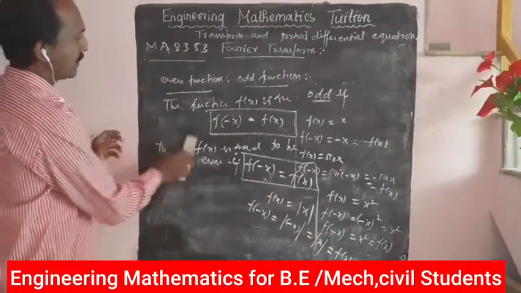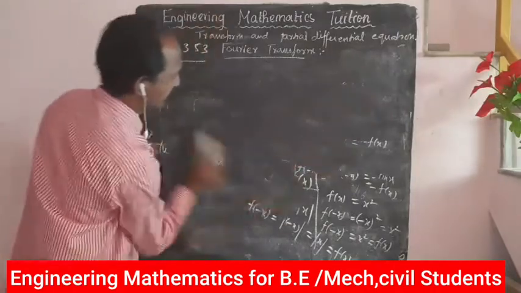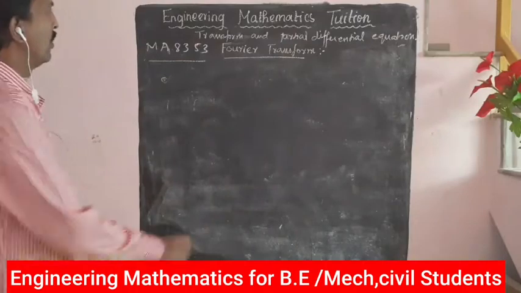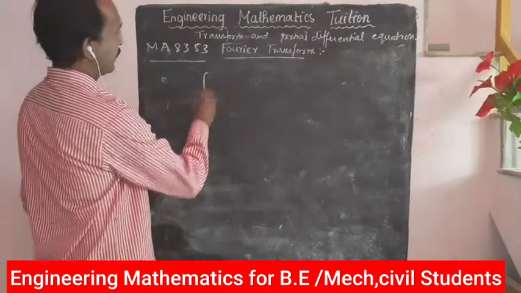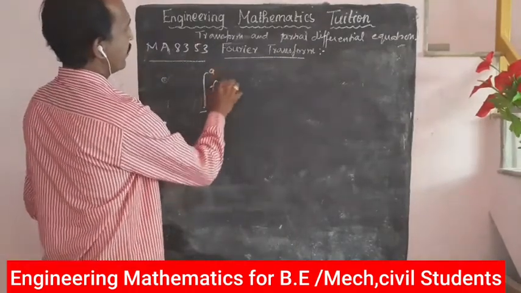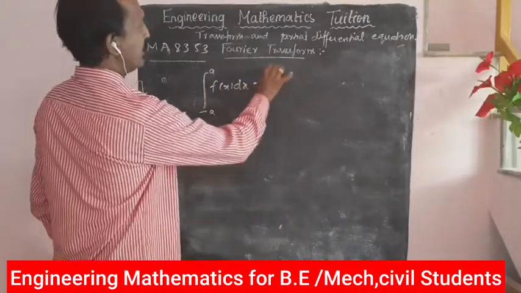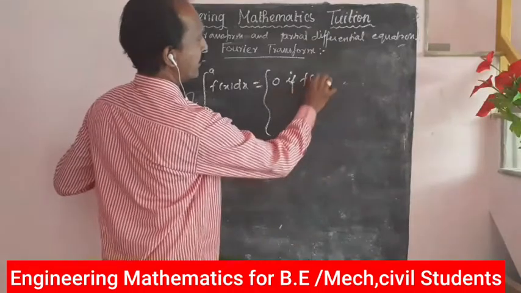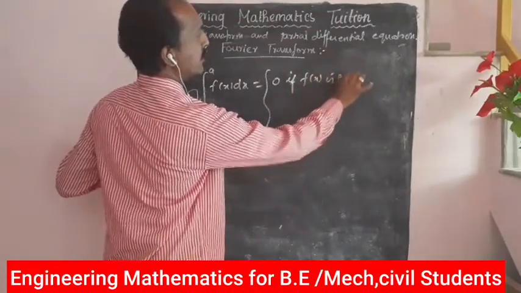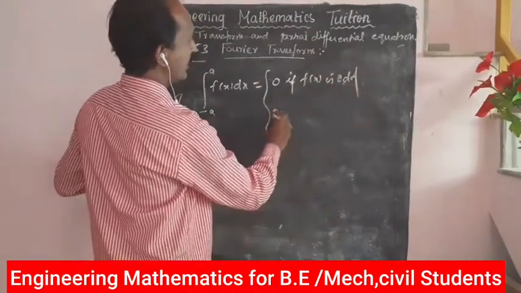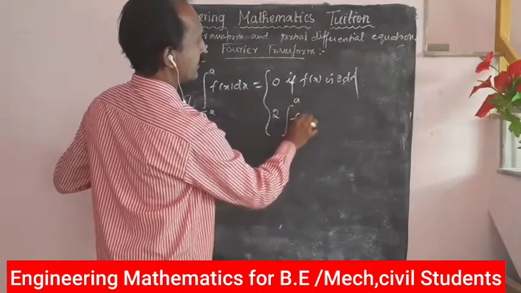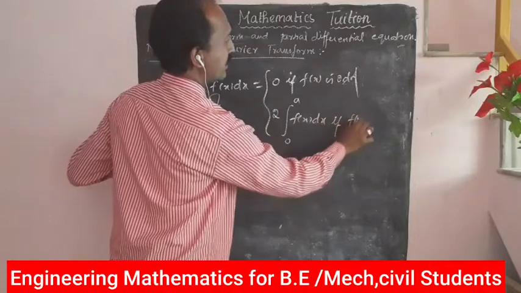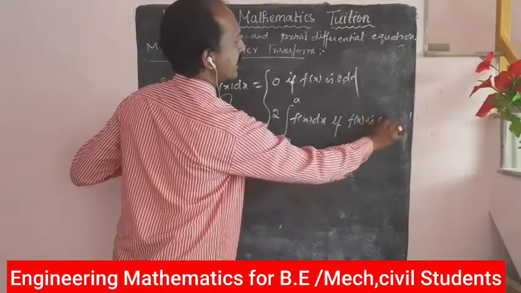Then one more preliminary topic, that is the rule of integration. Integral of minus a to a f of x dx is equal to 0 if f of x is odd, and 2 times integral of 0 to a f of x dx if f of x is even.